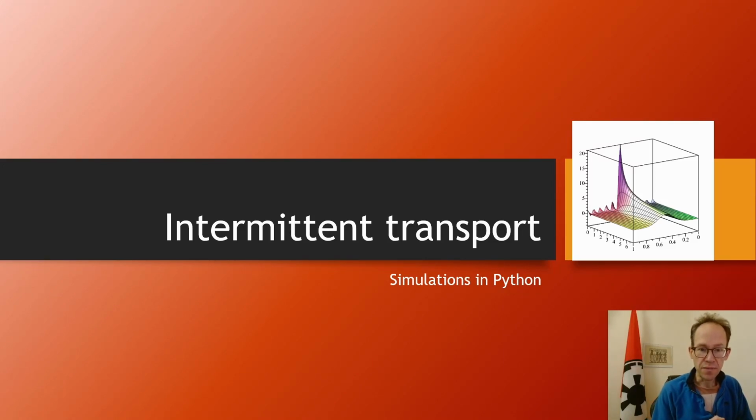This video develops a Python script to simulate random walks with memory that permit intermittent transport. This sounds complicated, but is actually a modification of the elephant random walk which we covered in a previous video.